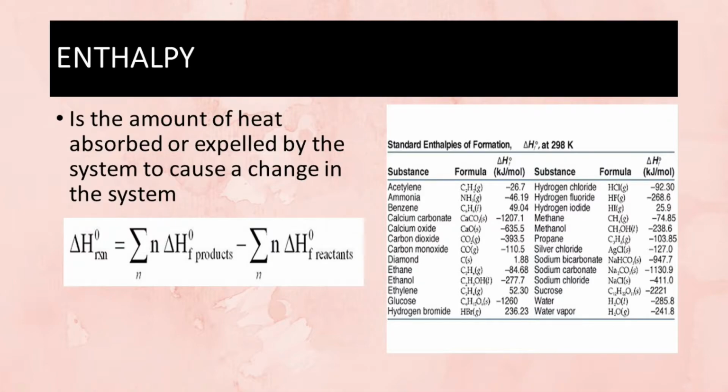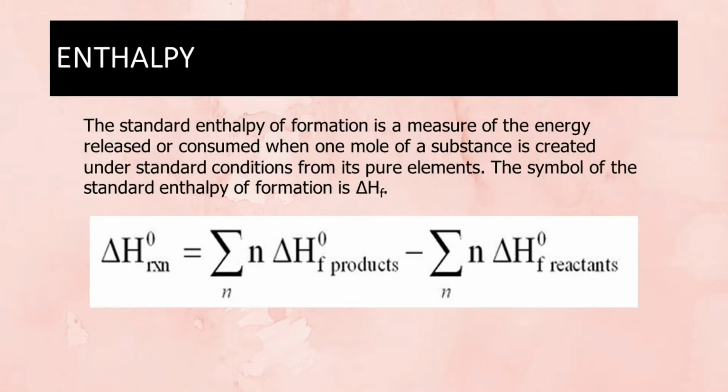Enthalpy is the amount of heat absorbed or expelled by the system to cause a change in the system. Enthalpy change can be determined using the enthalpy of formation of each of the substances present in the thermochemical reaction. Enthalpy of formation is the enthalpy associated with the reaction that forms 1 mole of a compound from its elements in their most thermodynamically stable states.